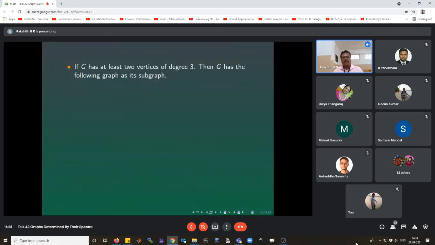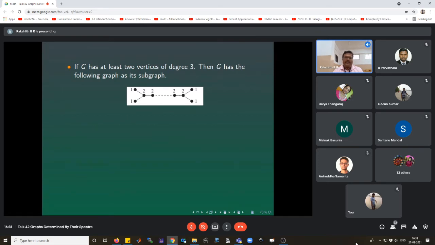So if G has 2 vertices of degree 3, note that G is a tree, so G must have the following graph as its subgraph, which is a special double star tree, with its largest eigenvalue as 2.